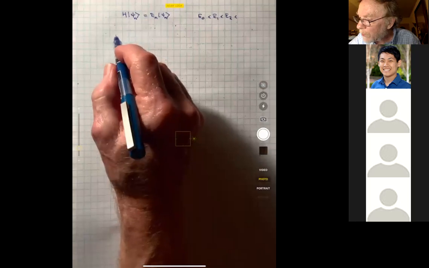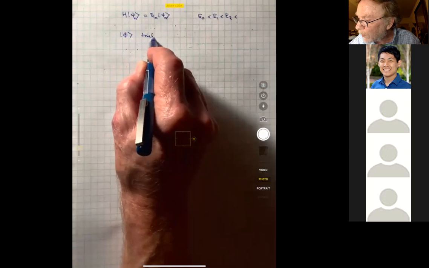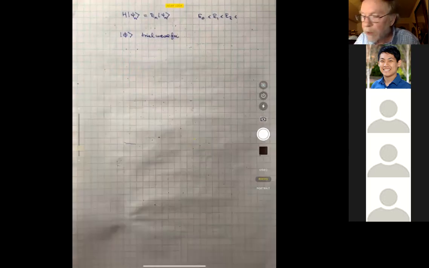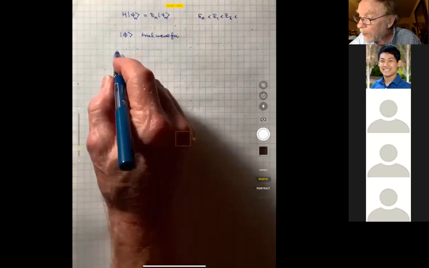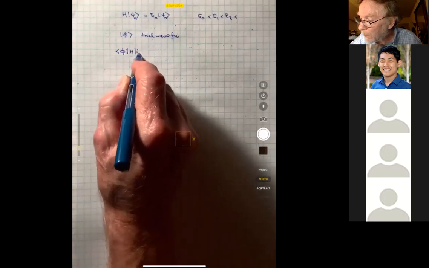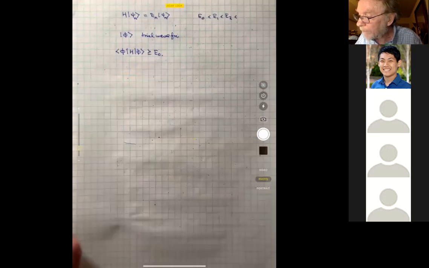The theorem concerns what we call a trial wave function. I'll call phi a trial wave function. Actually, as far as the theorem is concerned, the trial wave function could be absolutely anything. What the theorem says is that if you take any wave function phi and you compute the expectation value of the energy, this is greater than or equal to the ground state energy.